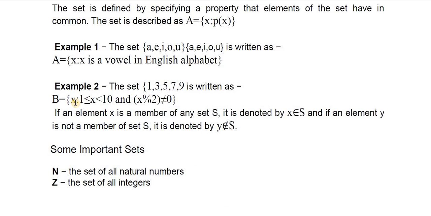B is equal to {x such that x is less than 10 and greater than or equal to 1, and x is not divisible by 2}. Okay, so this is the concept of set builder notation. So mainly these are the two types of notations we will use.